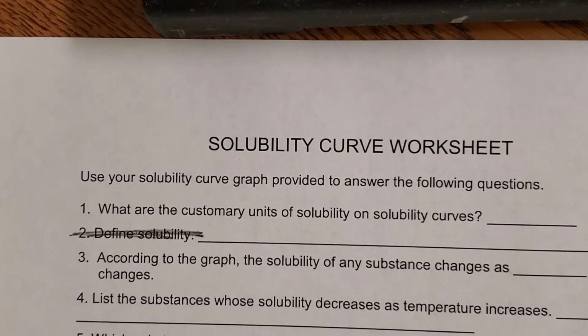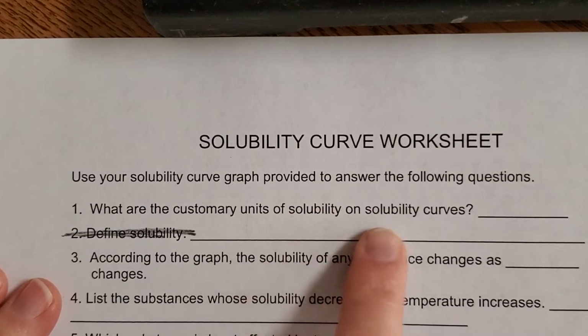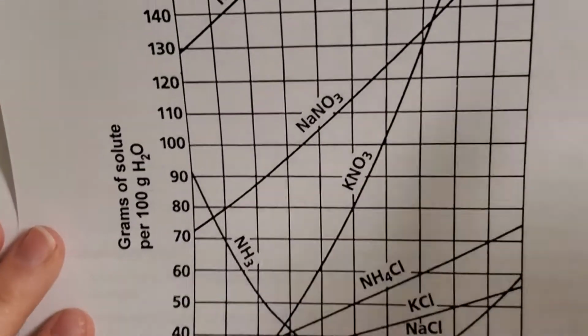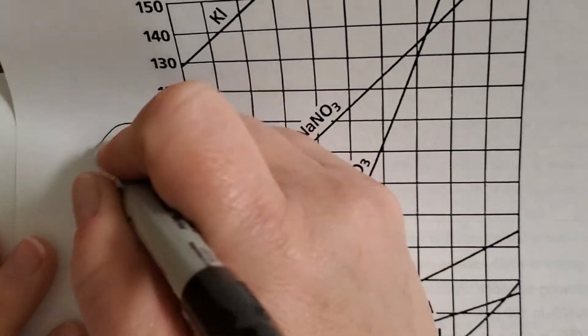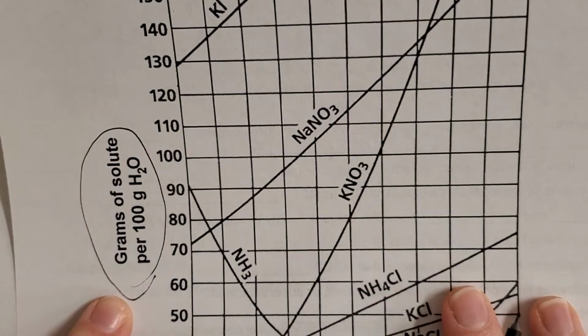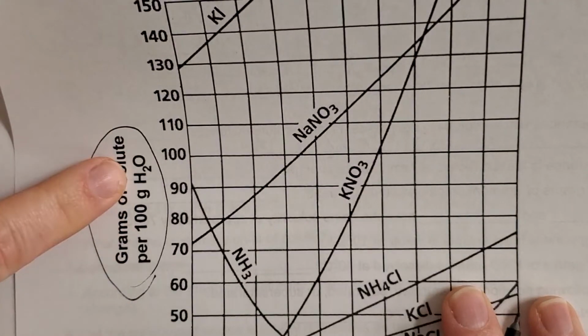Okay? All right. So we're just going to start at the beginning. What are the customary units of solubility on a solubility curve? So what that means is, if you look right here, this is the standardized unit we use for measuring solubility. It's grams of solute per 100 grams of water.